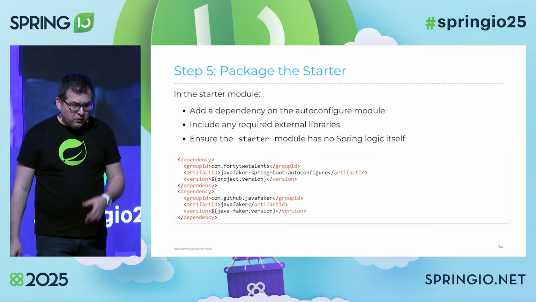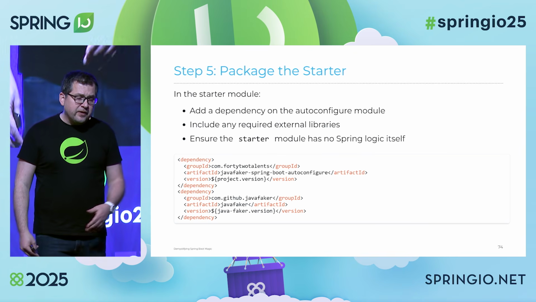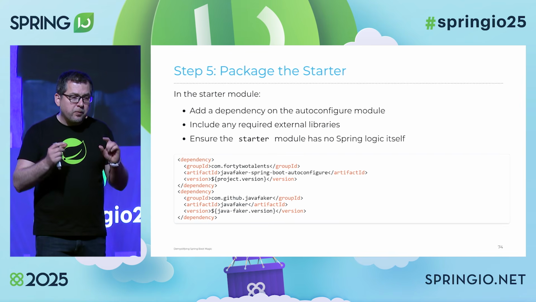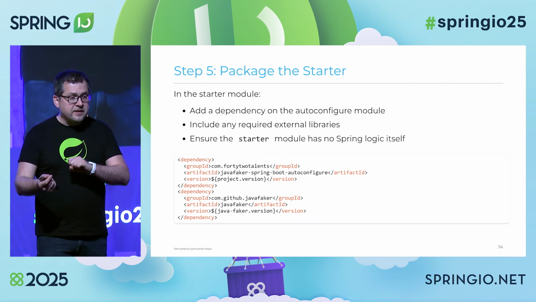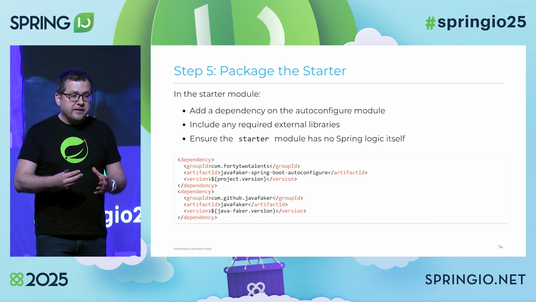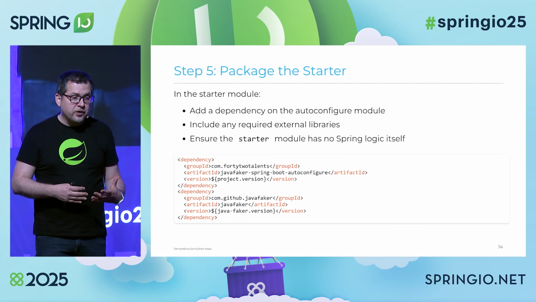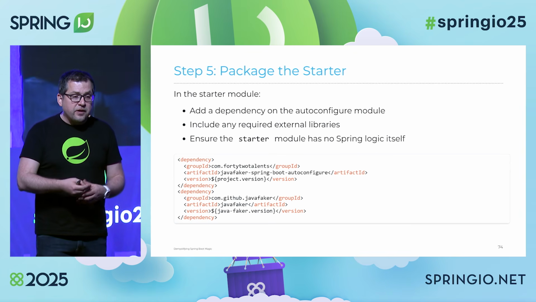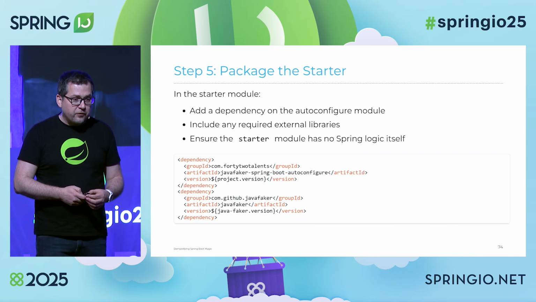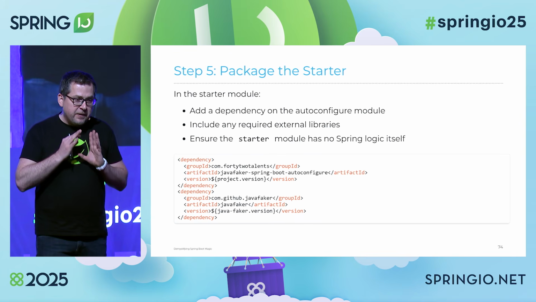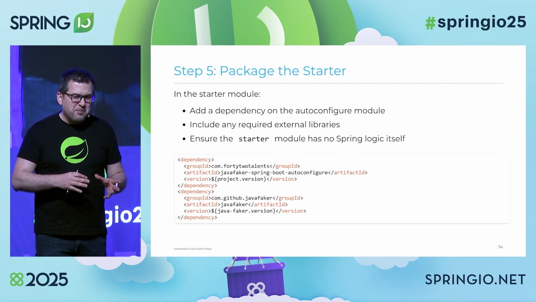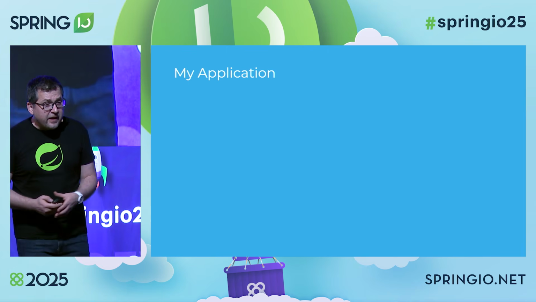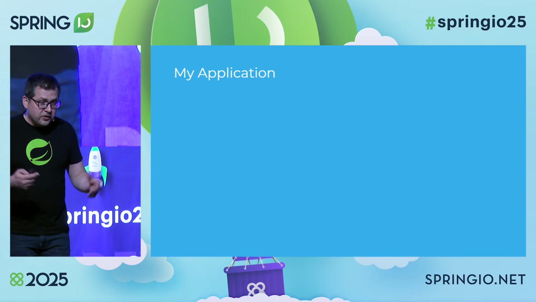If you flatten your POM, you will realize all the starters are just POM files, and you could pull in the dependencies independently, but the starters make things easier for you because you tell what kind of dependencies are coming, and because of this transitive approach, this makes it so much easier for the developers, right? But be aware, don't put any logic in there, because we just don't do it in the Spring ecosystem.